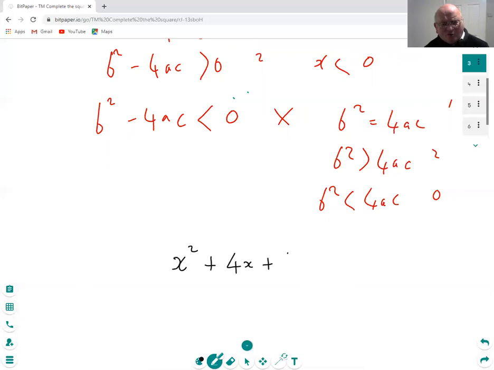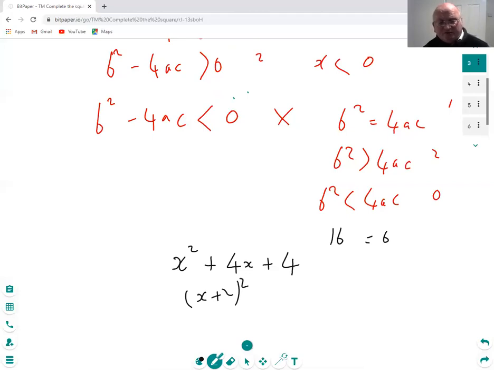If you make 4 the number on the end here, then b is 4, so b squared is 16, and 4 times 1 times 4 is 16. They're the same. So this is actually the equation (x plus 2) squared, and that only has the solution x equals minus 2.